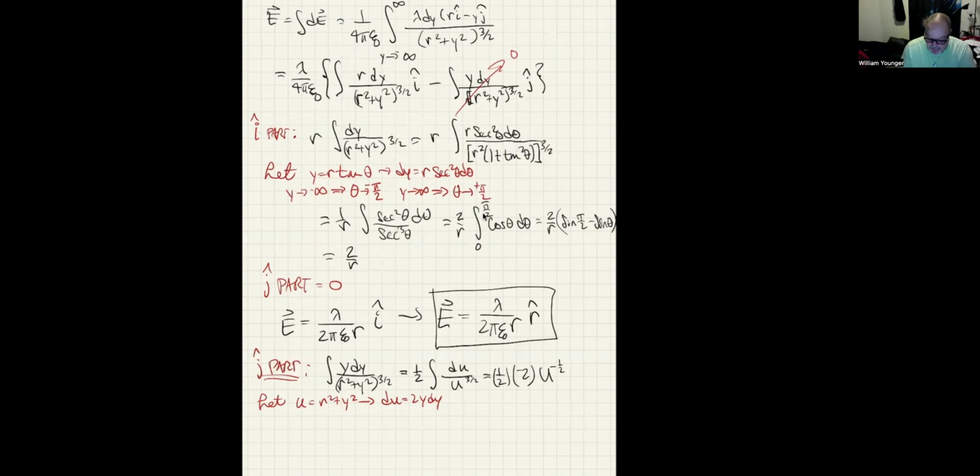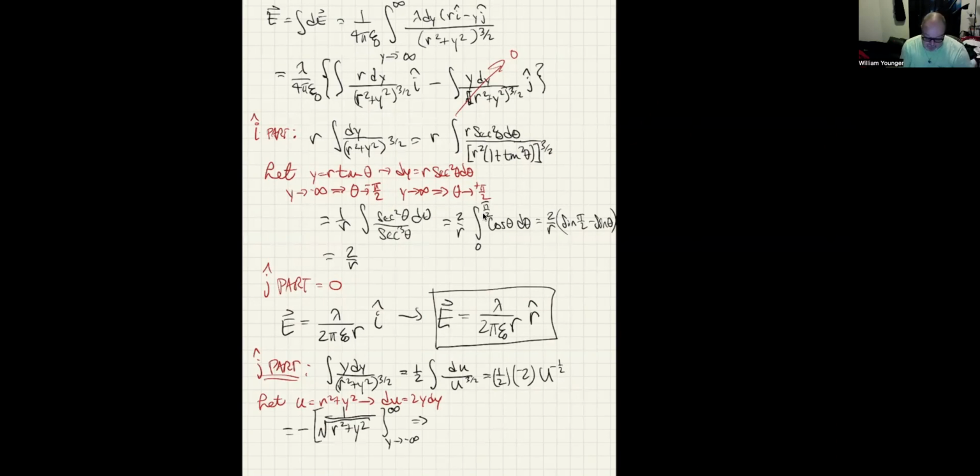Now I'm going to plug back in what u is and use the regular infinity to negative infinity to make sense of it. So at this point, I'm going to say we now have a negative of square root of r squared plus y squared in the denominator, evaluated from y approaching negative infinity to positive infinity.